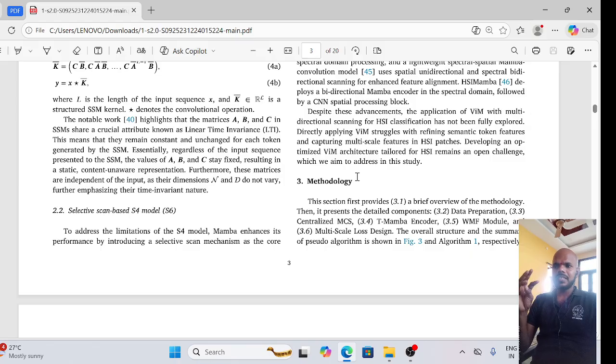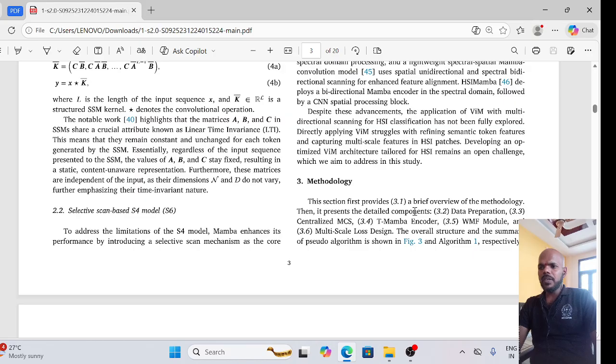In the methodology, they will explain how they are performing the experiment, what kind of technology they are using, and what type of architectures they are using. These types of methodologies they will explain in the methodology section. Now you can see in this section, first they provide a brief overview of the methodology, then they present the detailed components, right?